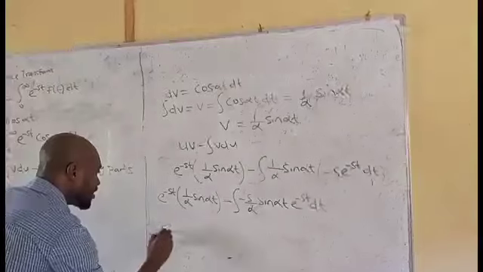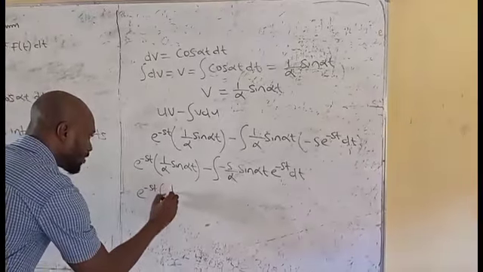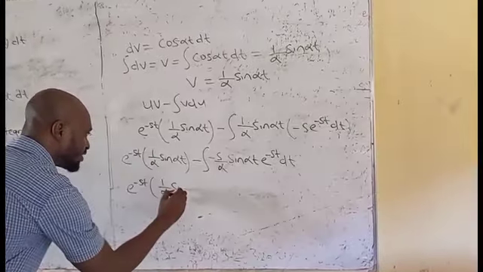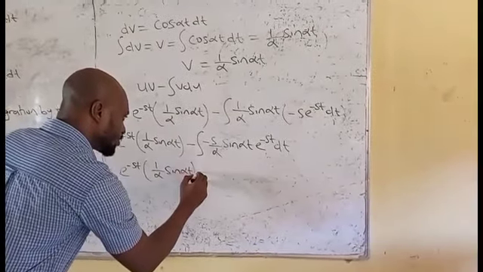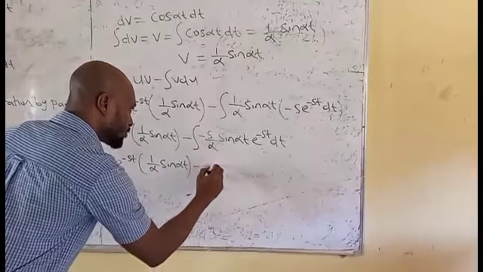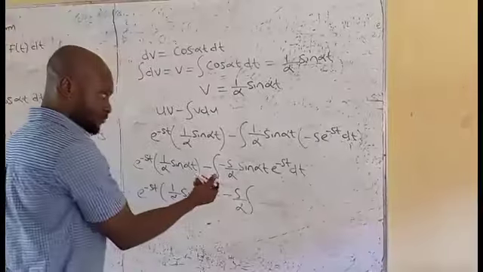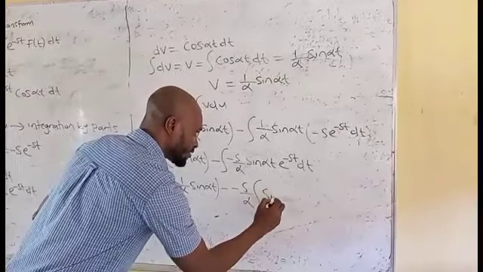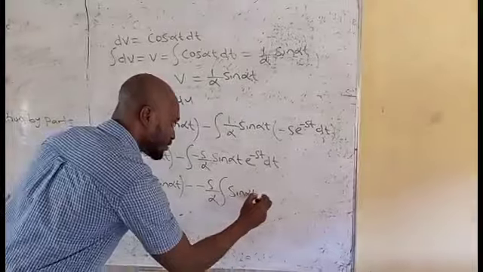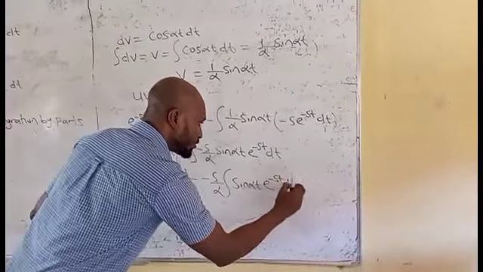So you're going to have exponential minus st into 1 over alpha sine alpha t. Then, if you bring this one out, this is minus, you have minus s over alpha, then you have this integral, sine alpha t multiplied by the exponential minus st times dt.